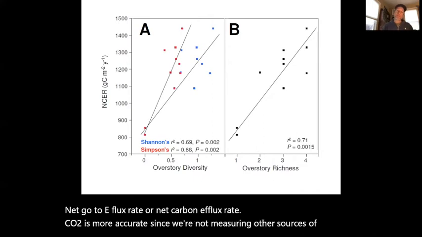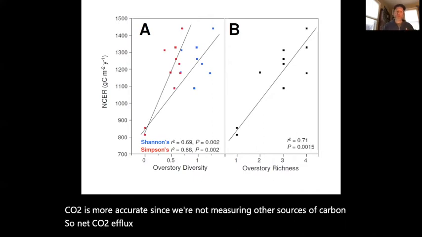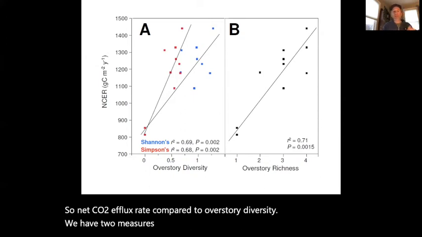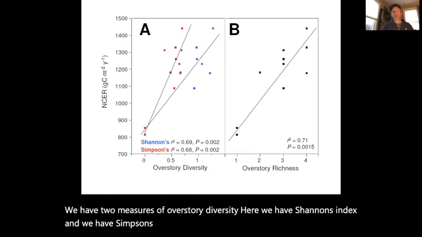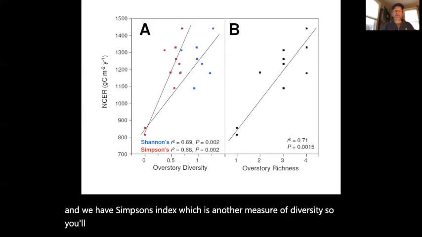So net CO2 efflux rate compared to overstory diversity. We have two measures of overstory diversity here. We have Shannon's index and we have Simpson's index, which is another measure of diversity. So you'll recall Shannon's index incorporates both the evenness and the richness of a plant community. Simpson's does something similar.